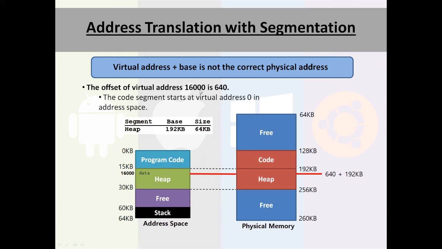That's what the offset is representing. The offset is the position within that segment, so this instruction's position within that segment. And now if we want to convert this to a physical address, you would say offset plus base. So that's why you got 640 plus 192 KB.